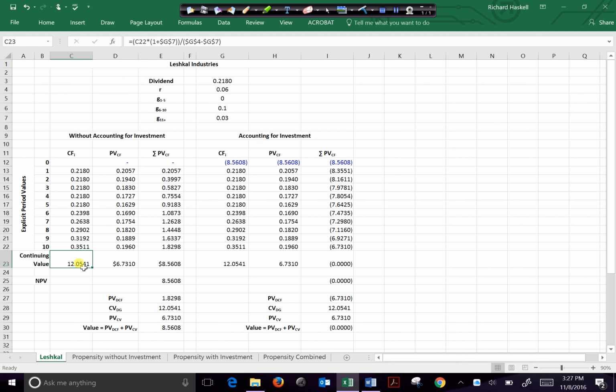And our continuing value, just as you saw on the other page, is our income value in year 10 expanded at the 3% divided by R minus G.